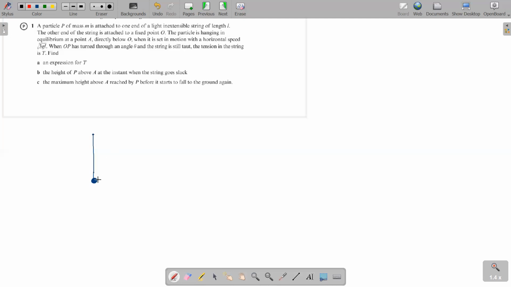All right, so you have this particle, it's directly hanging. This is the fixed point O, and this is the point A. This is how the particle moves, the circular motion part.